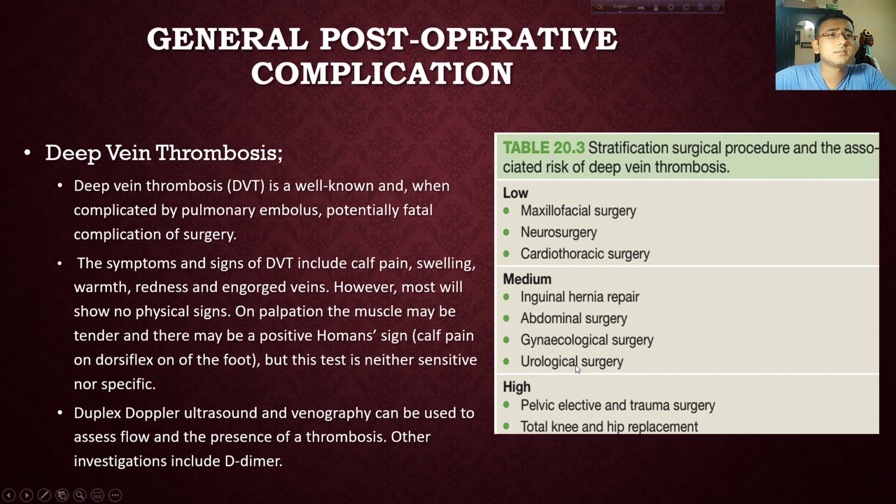There are also some general complications, like deep vein thrombosis, that is DVT, a well known complication of surgery, which can be complicated by pulmonary embolus, a potentially fatal complication. This is a real emergency, so you don't have time to think about DVT, because the patient may sit in front of you talking with you, but suddenly say, I am suffering from breathlessness, and become unconscious and die due to cardiac arrest.